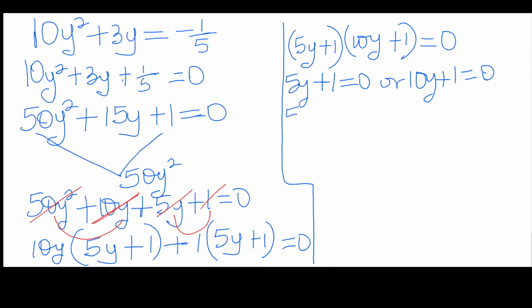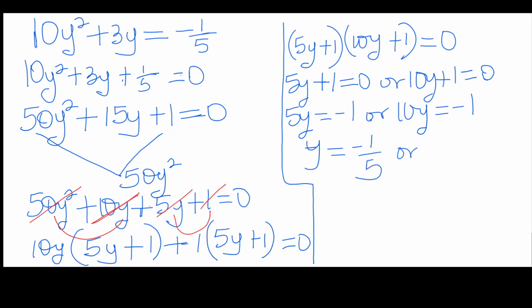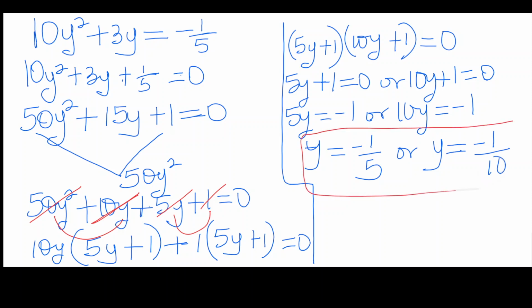Then either 5y equals negative 1, or 10y equals negative 1. So the final answer, either y equals negative 1 over 5, or y equals, when I divide by 10, negative 1 over 10. So these are the final answers to solving the quadratic equation.